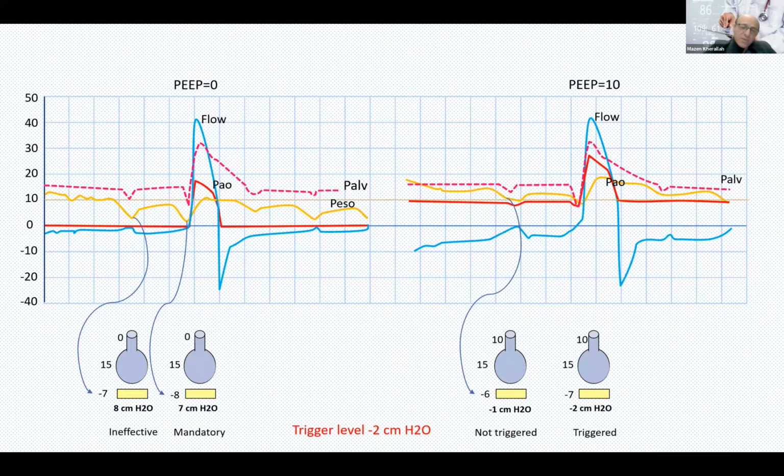This is a little bit complicated, but let's just see if we can actually walk through it. And first, let me explain to you. The solid red line is the airway pressure. The dotted line is the alveolar pressure.